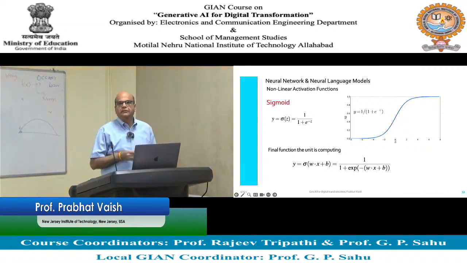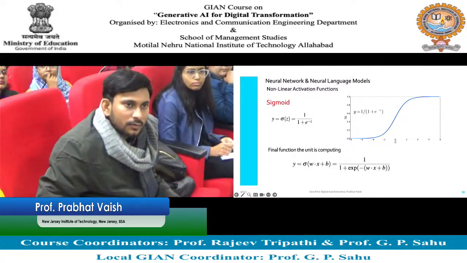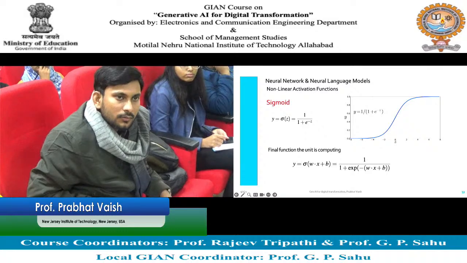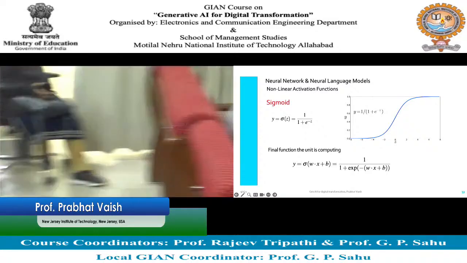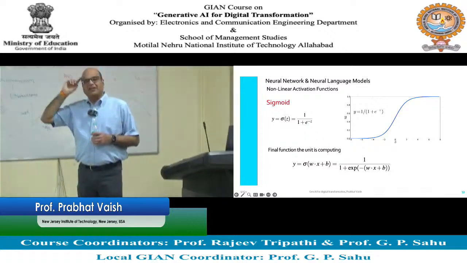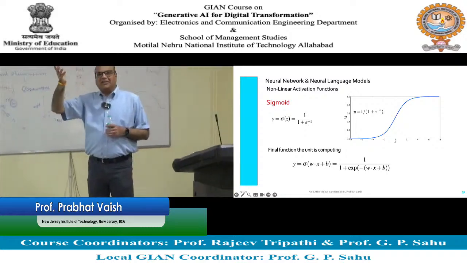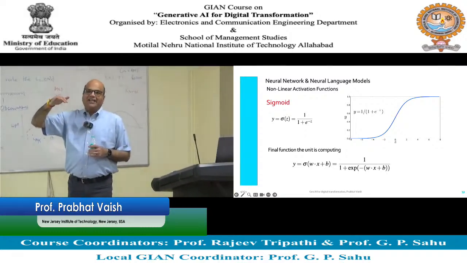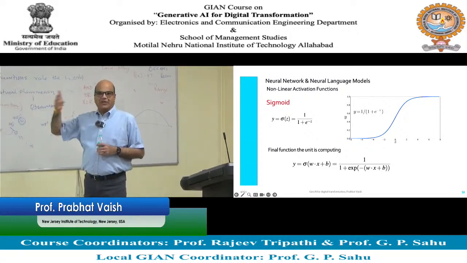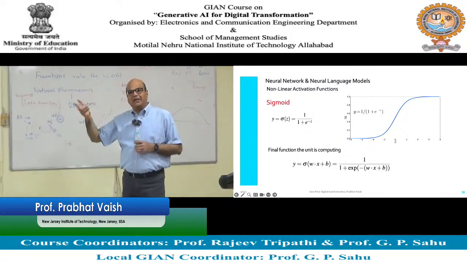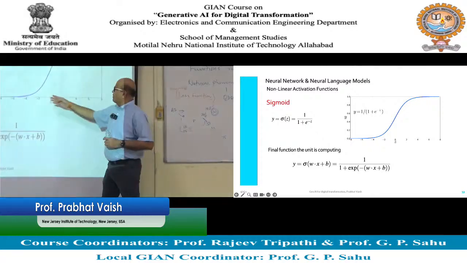Because it gives only probabilistic values. Sorry? Probabilistic values. Yes and no, both. First reason, the basic reason: what we said is that neurons in our brain are in two states, activated or not activated. So if we have the output as zeros and ones, we are approximating the neuron better, rather than having a value of 4, 6 or -4, -6.